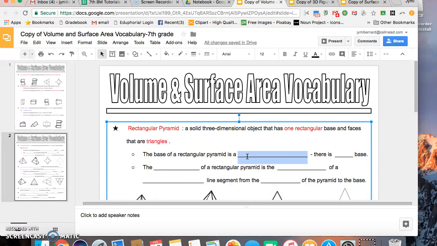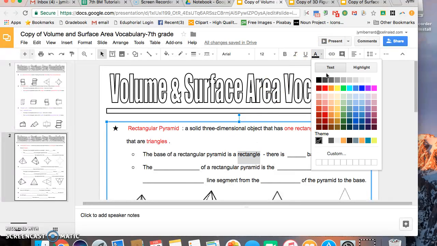The base of a rectangular pyramid is a rectangle, and there is only one base.